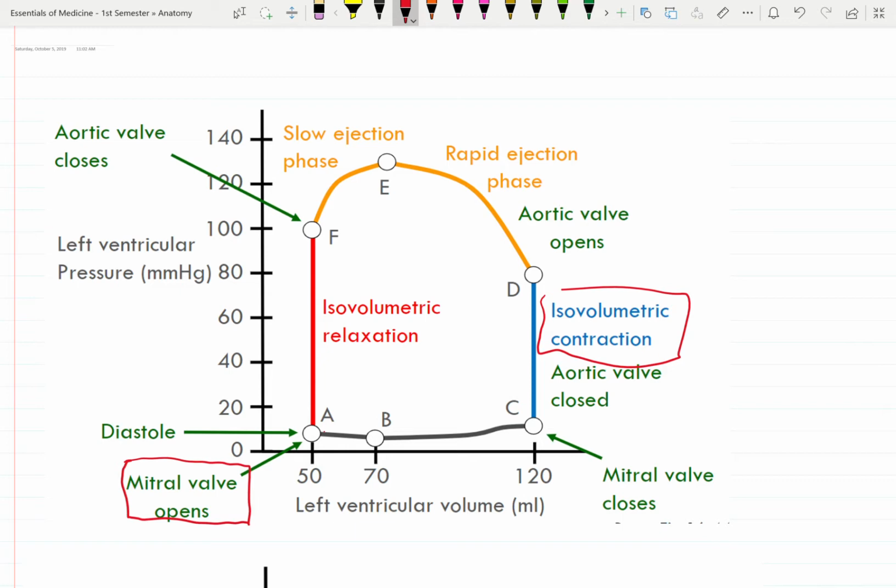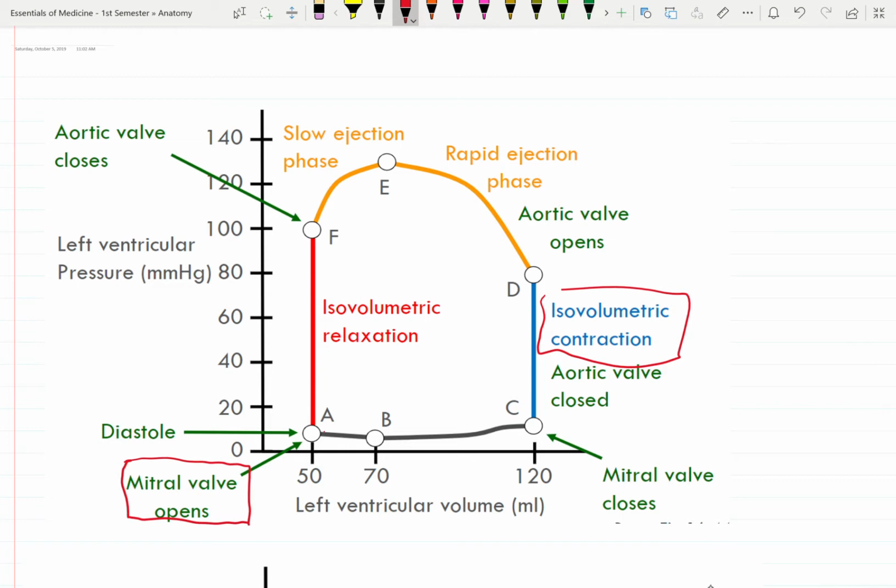Okay, so it will go towards maximal pressure, and that is caused by the rapid ejection phase. The rapid ejection phase is just from D to E, where the volume is reduced.